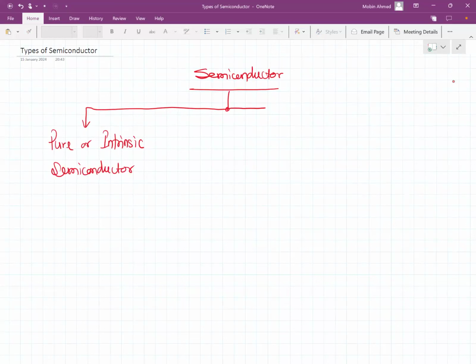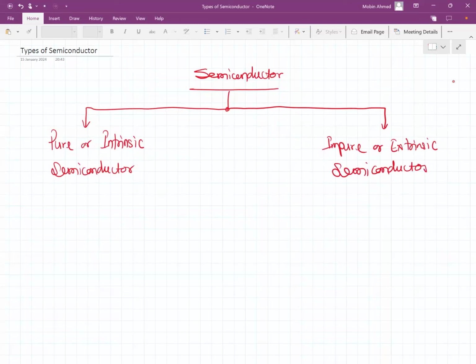The next is impure or extrinsic semiconductor. A pure semiconductor is, for example, silicon or germanium.